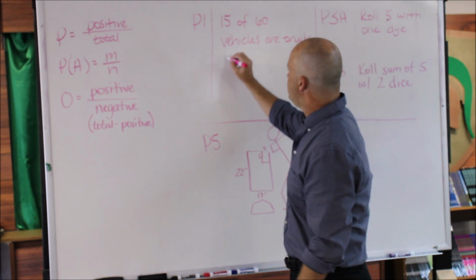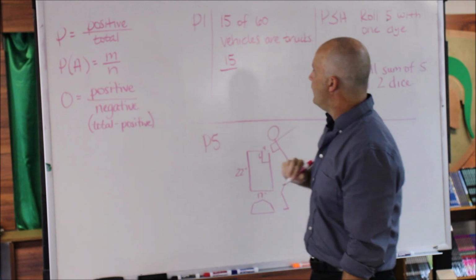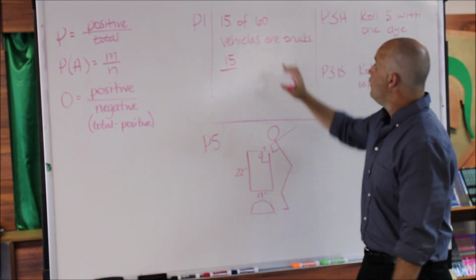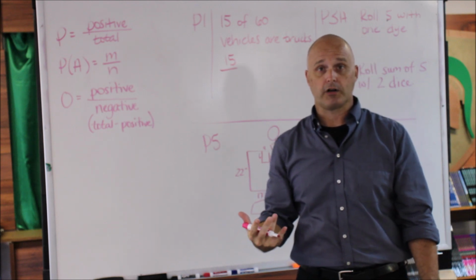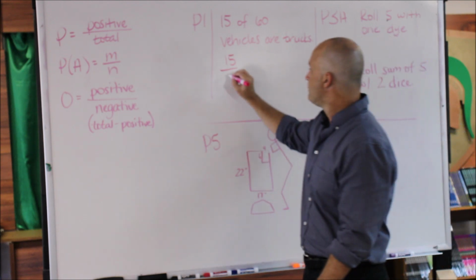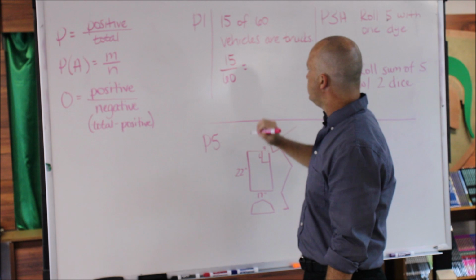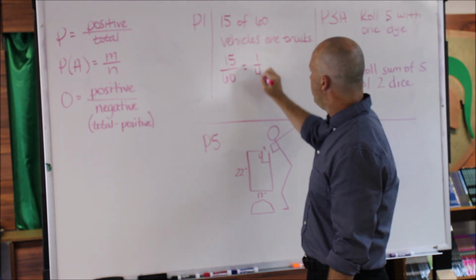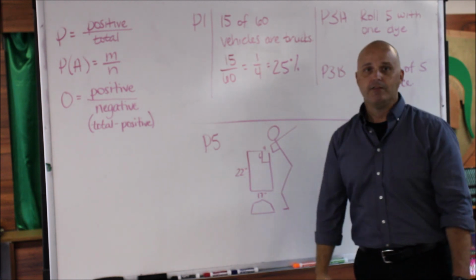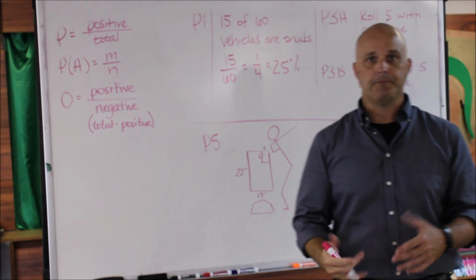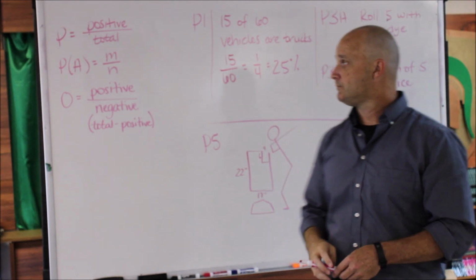So we're going to say 15, and then what is the total number of possibilities? Well, there are 60 vehicles in the teacher's parking lot, so that's our total. So 15 over 60 is going to give us 1 over 4, which means that there's a 25% chance that if you chose a vehicle at random, it would be a pickup truck.